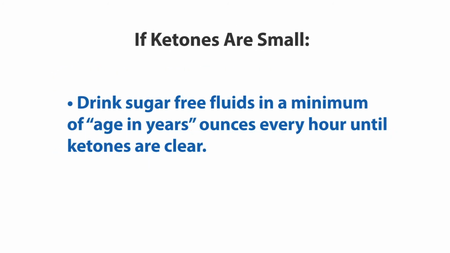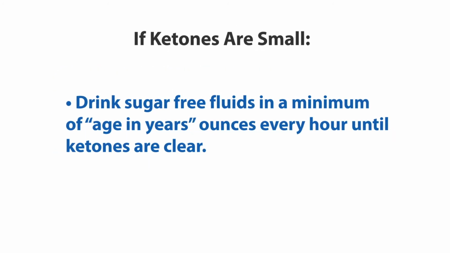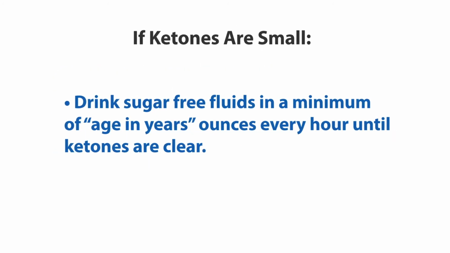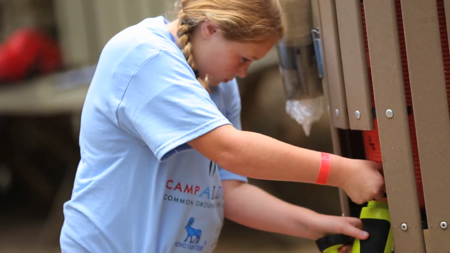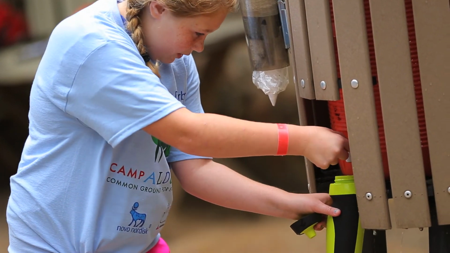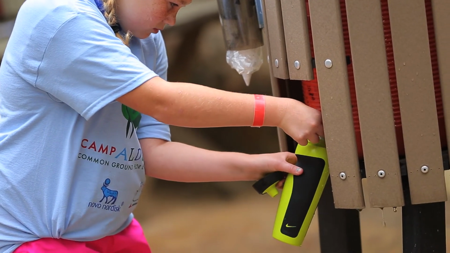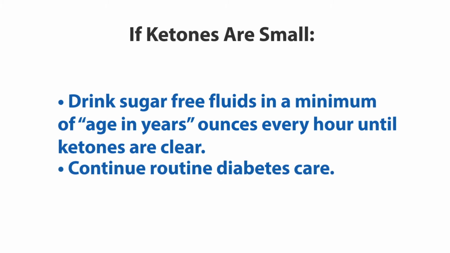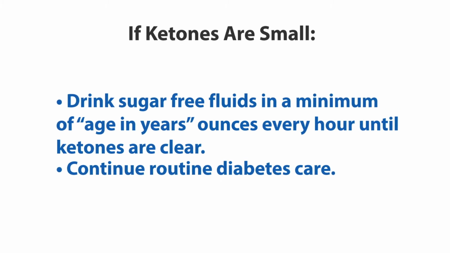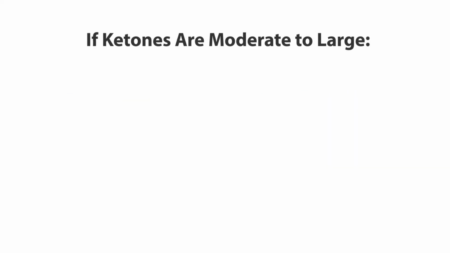If ketones are small, first drink sugar-free fluids, a minimum of your child's age in years in ounces every hour until ketones clear. Example, if your child is 10 years old, he or she needs to drink 10 ounces every hour. Second, continue routine diabetes care. A day that your child has moderate or large ketones is considered a sick day, even if they feel well.